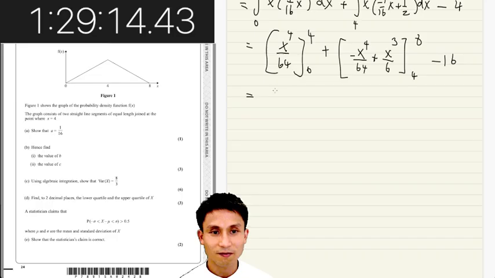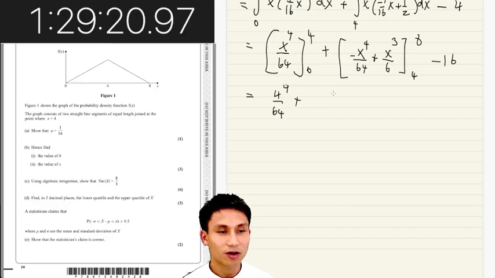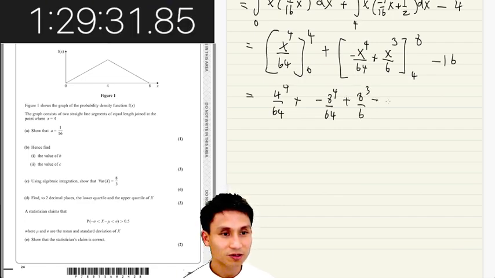So this will be 4 to the 4 over 64. 0 goes away. So I'm doing minus 8 to the 4 over 64 plus 8 cubed over 6. Minus minus becomes a plus.